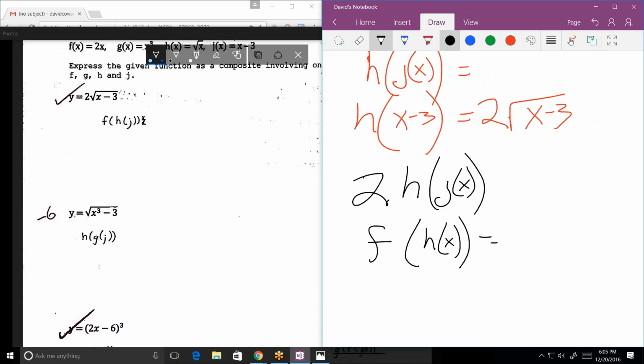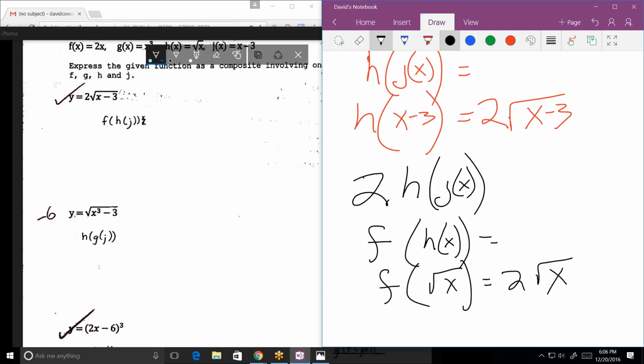No, h of x is square root of x. So square root of 2x. 2 times the square root of x. In other words, f of h of x means f of square root of x. If I substitute square root of x for x, I get 2 times square root of x. All right?